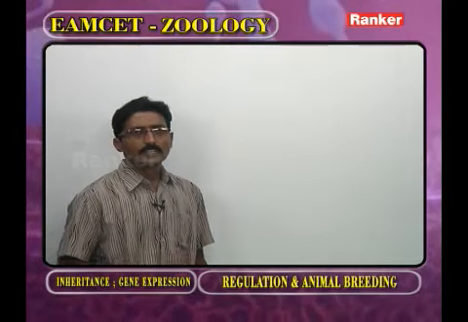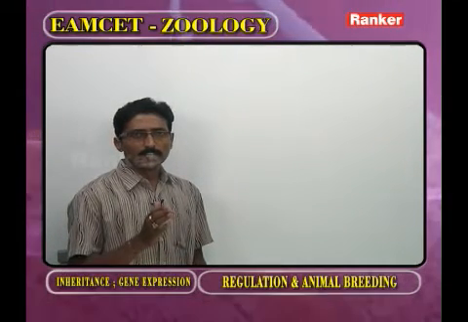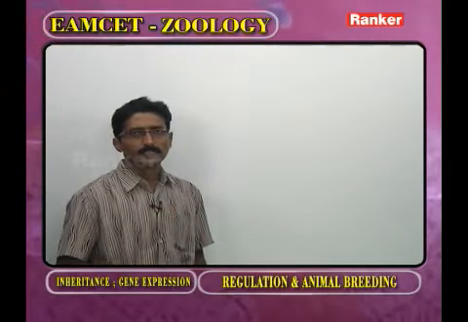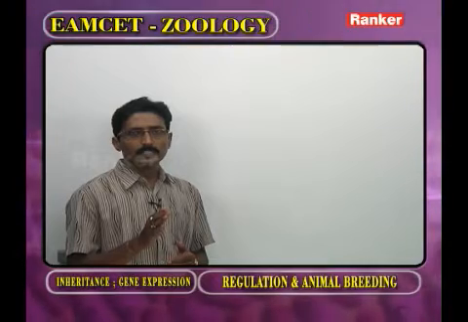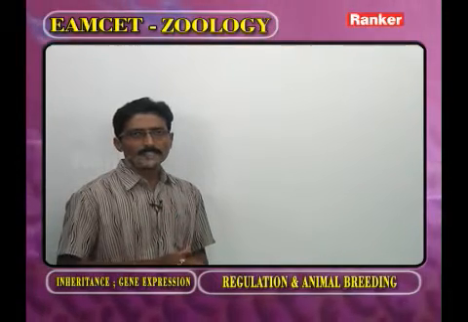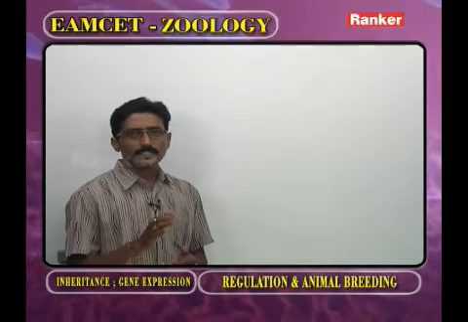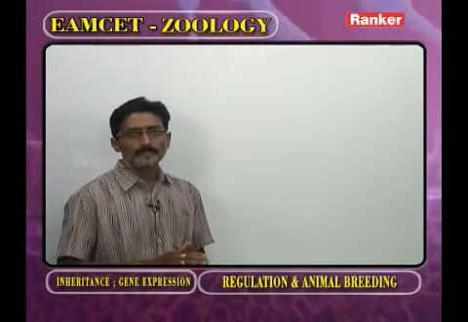In the last class, we completed the blood groups and sex determination up to a certain extent. In this class, we are going to complete the remaining part of sex determination, sex-linked inheritance, and gene expression regulation up to animal breeding.